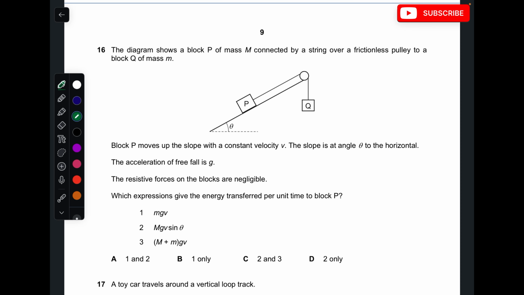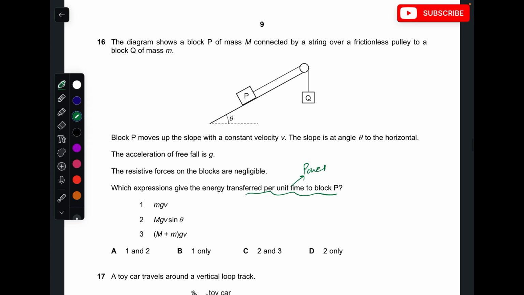So energy transfer per unit time is basically power. We have to find which expression is the energy transferred per unit time. We have three expressions. First thing to look at, this is mass small m and this is capital M, because the expressions are in terms of small m and capital M, and this is given in the question.